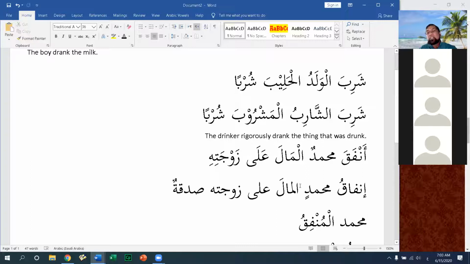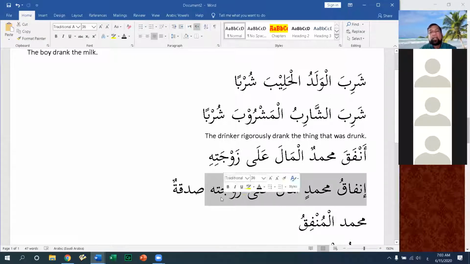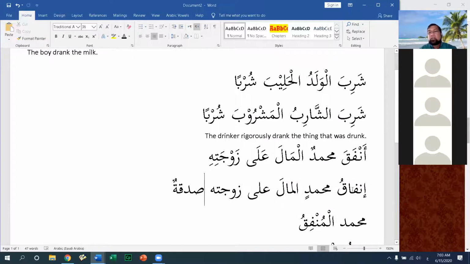So the masdar actually does the action on the word al-mal. This is a technicality in the Arabic language; we're going to learn these rules later on. And على زوجته is جار ومجرور متعلقان بالإنفاق, that the spending was done on the zawja. Then this is the mubtada and sadaqa is the khabar.